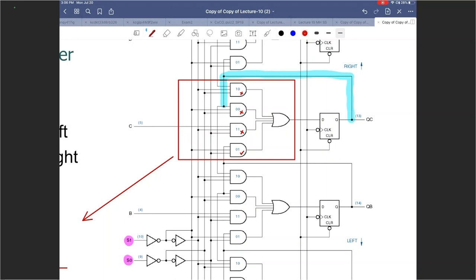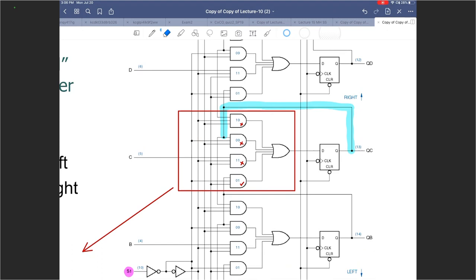It is this guy, QB. So QB will come in and get into QC, effectively moving QB up to QC. And moving up is essentially right shift.